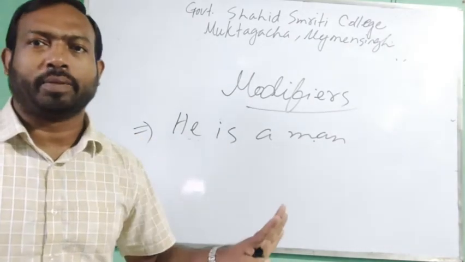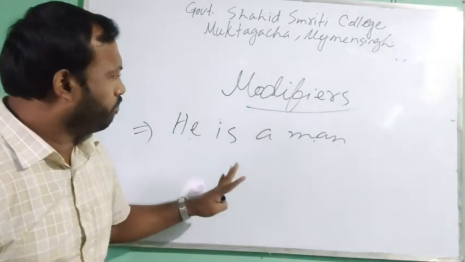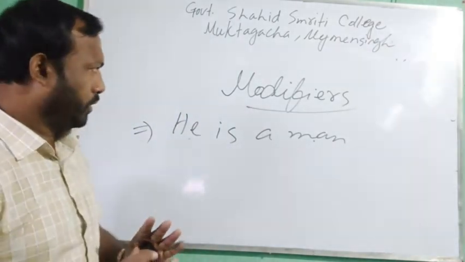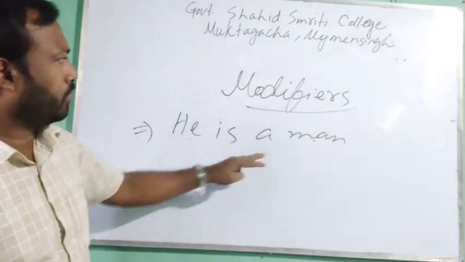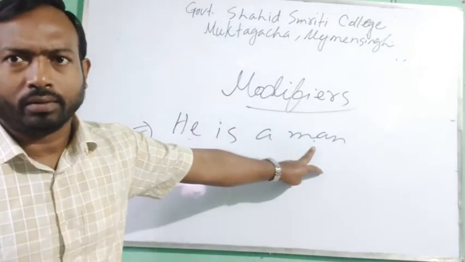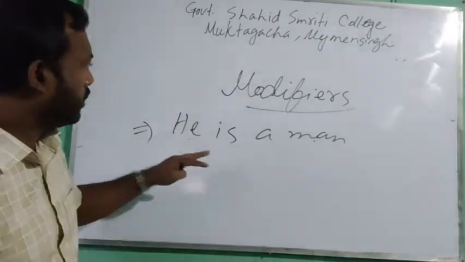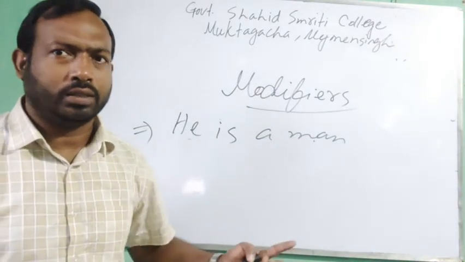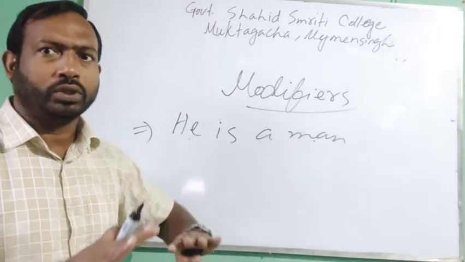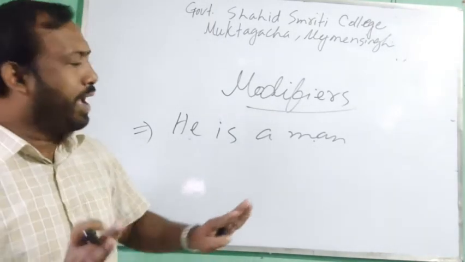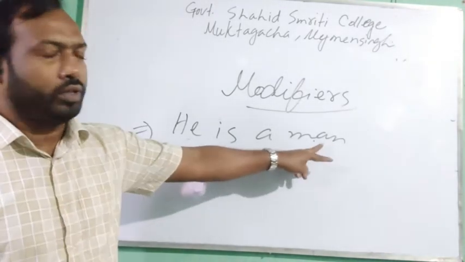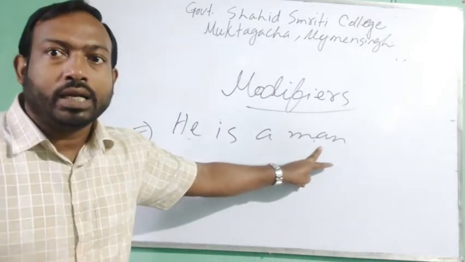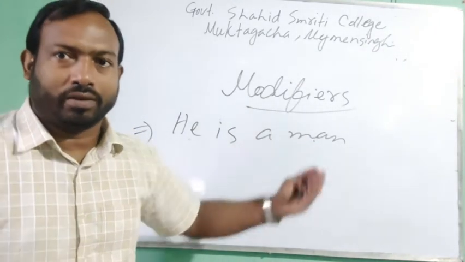The sentence is grammatically correct, but the information it gives is very limited. We don't know much about this man. I have just told you he is a man, but who is he? What is his identity? We don't know. But if we add modifiers to this very noun man, then his identity will be clearer.